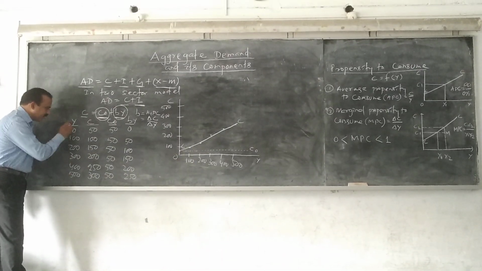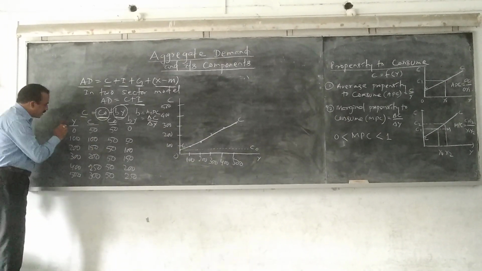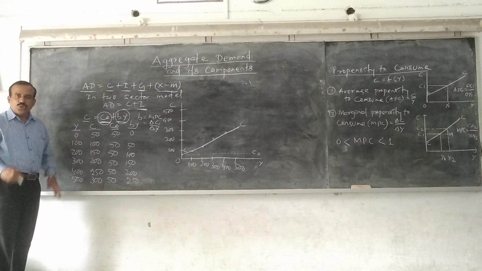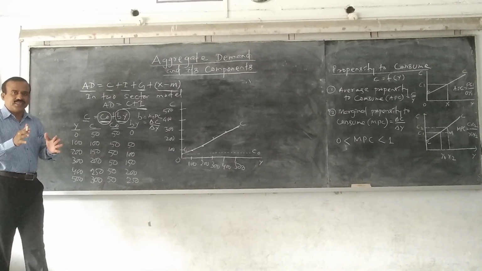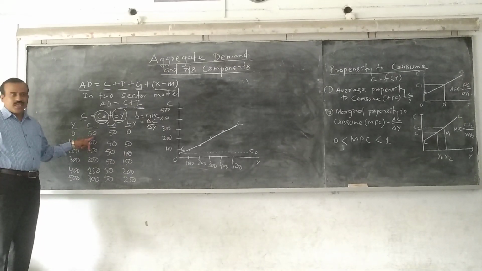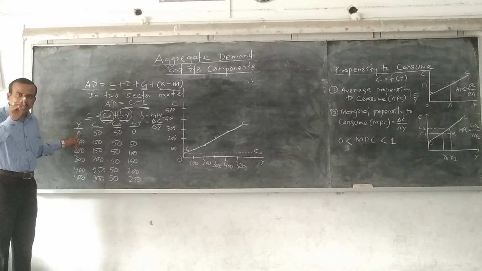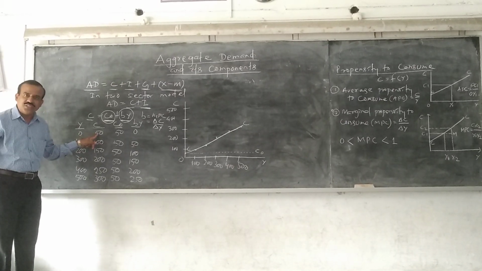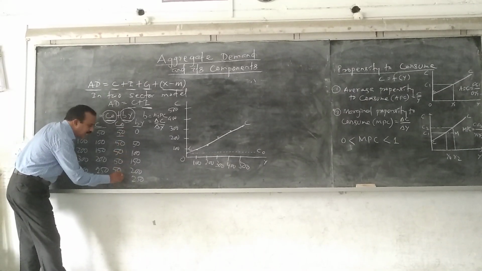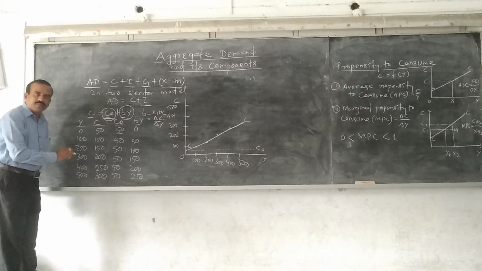You see here, this is the income and this is the consumption. At zero level of income, consumption is 50. So autonomous consumption is 50. It remains constant. It does not change with the increase in income.